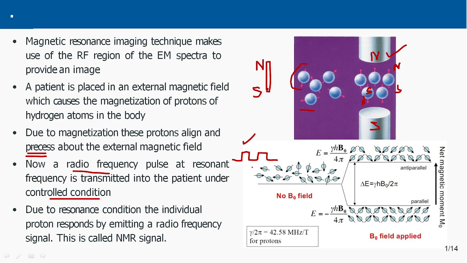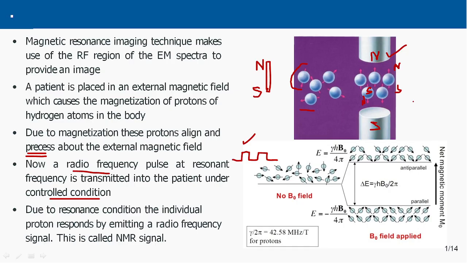This RF signal will misalign them, or create disturbance to this alignment, and when it has been withdrawn, these protons, these magnetic dipoles, want to regain their original state of lower energy, by radiating this RF signal.